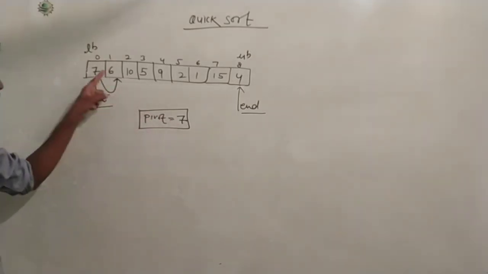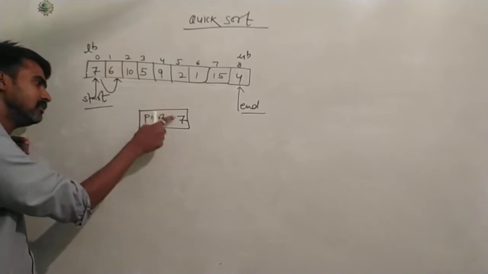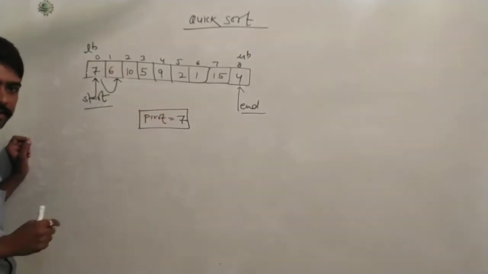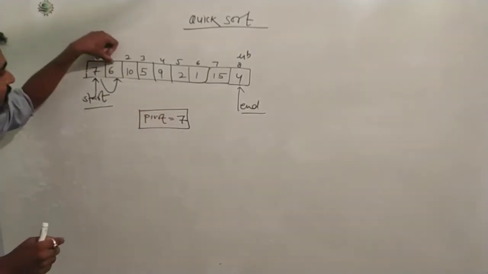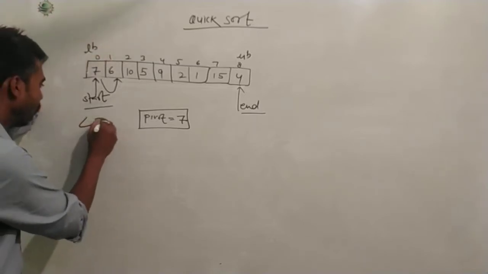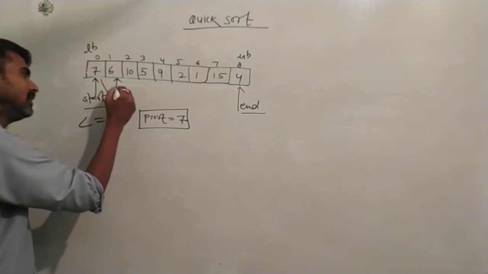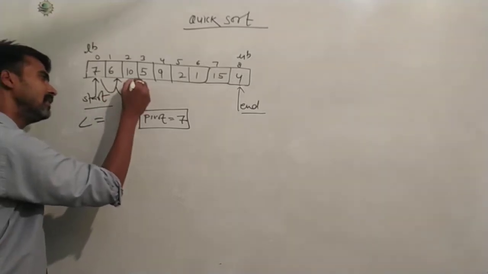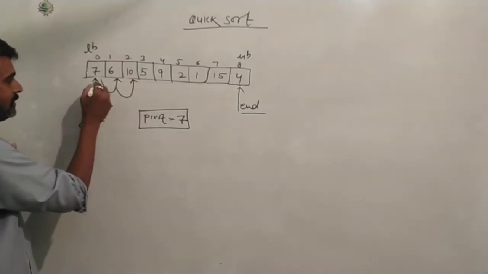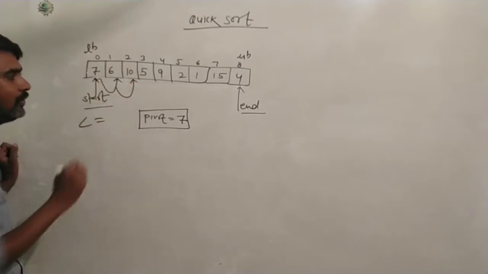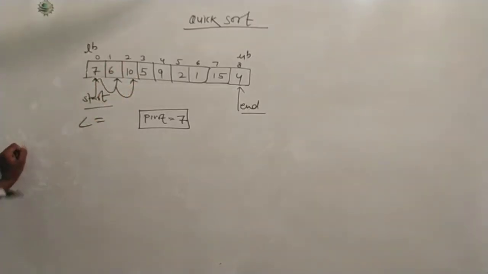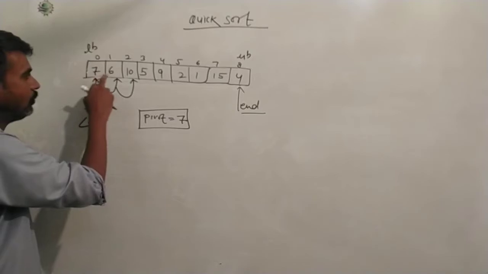Okay. Again, we compare this variable with the pivot element. Again, this variable is less than or equal to 7. Then again start is shifted, to the second memory location: 0, 1, 2.